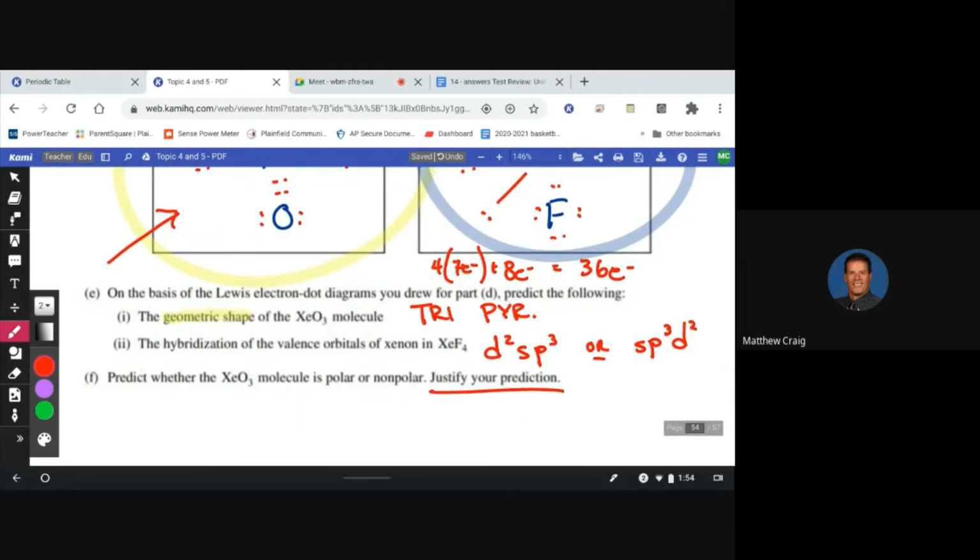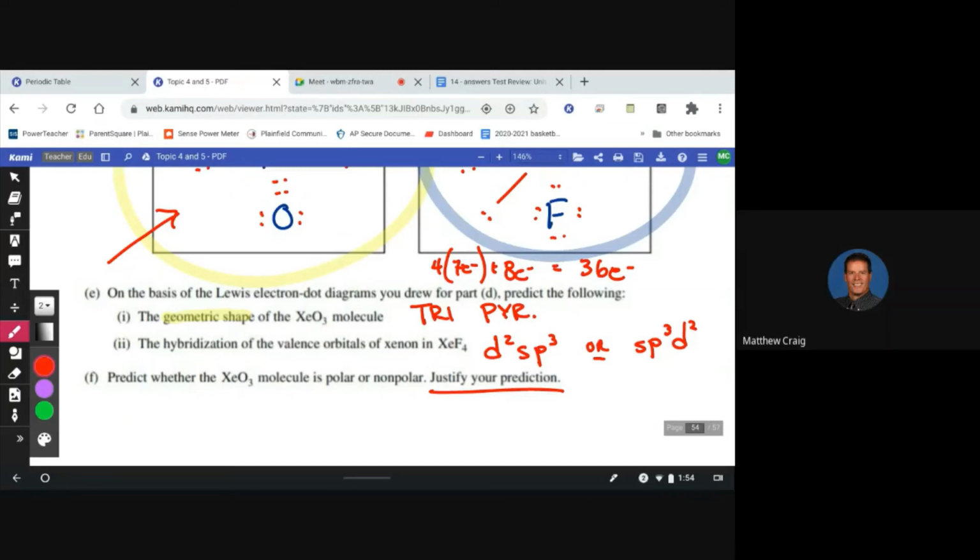Wouldn't you say something about trigonal pyramidal within a tetrahedron? That's okay. Just make sure you're saying it's asymmetrical. There's a lone pair, and then one of those two names is fine. So you've got a lone pair within the tetrahedral shape, or that it is asymmetrical within a trigonal pyramidal shape with the lone pair.